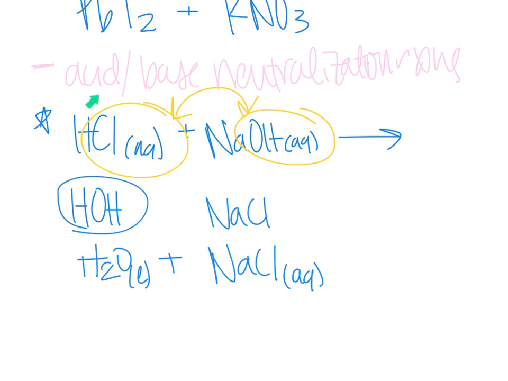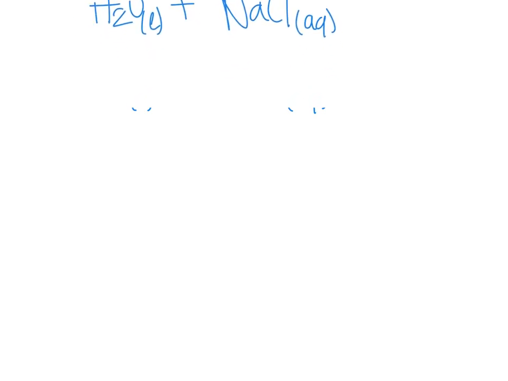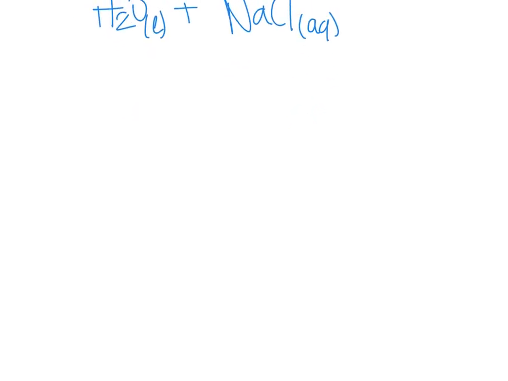So from this reaction of hydrochloric acid and sodium hydroxide, we actually get water and sodium chloride. Okay, so that is it for the precipitate reactions. And we'll move on to a different type of reactions called redox reactions.